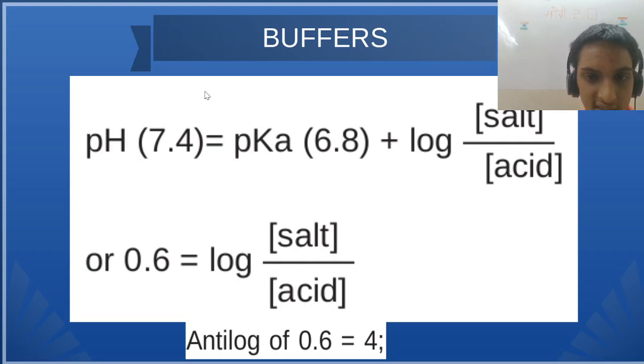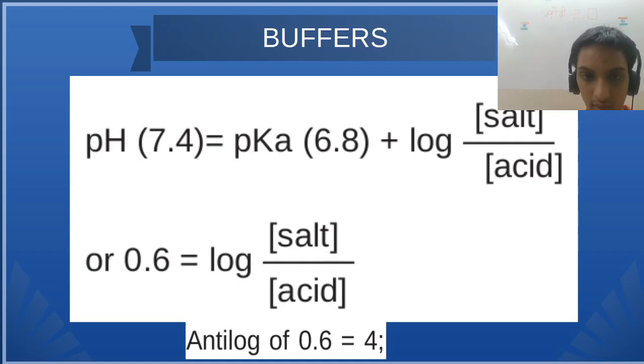Take the pH as 7.4 and the pKa as 6.8. Don't worry about this value. So 0.6 will be the result. The antilog of this value will be 4. So the ratio of salt by acid is 4/1, compared to that of the bicarb buffer, which is 20/1.